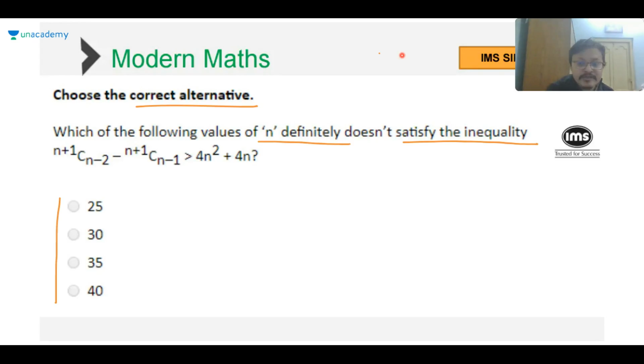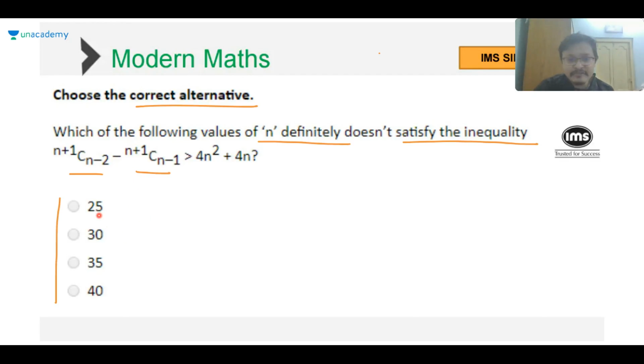Ronit is saying he solved the inequality and got n greater than 28. The moment you do that, what is happening is, first of all, these are not in straightforward form, which means it's going to be very lengthy approach to go by the inequality method.